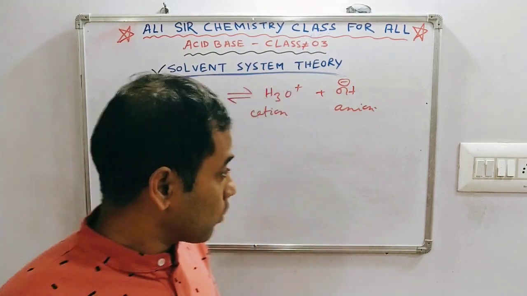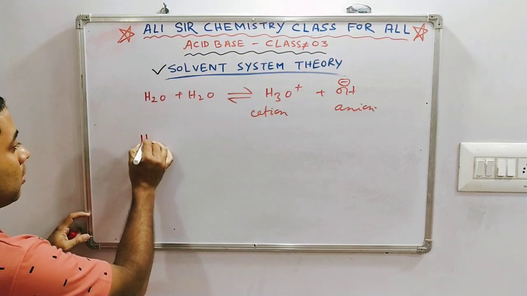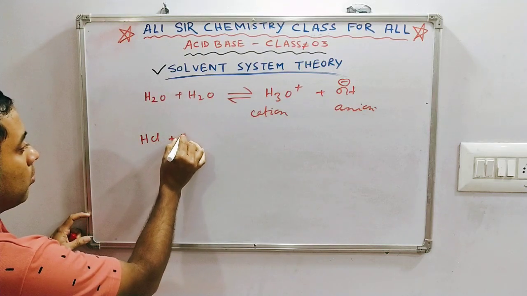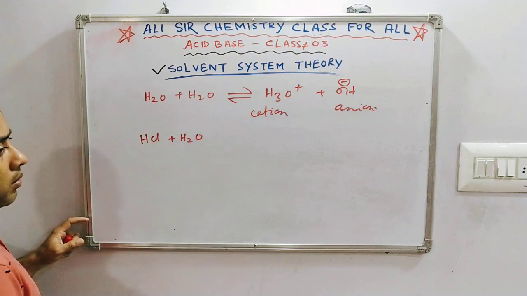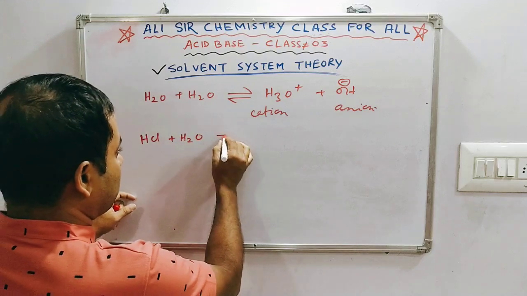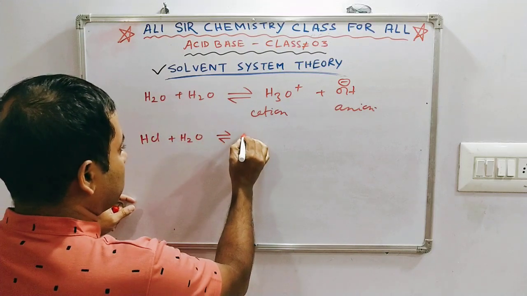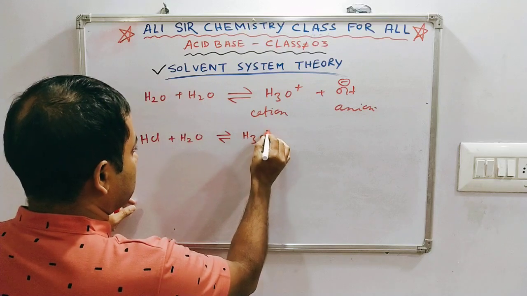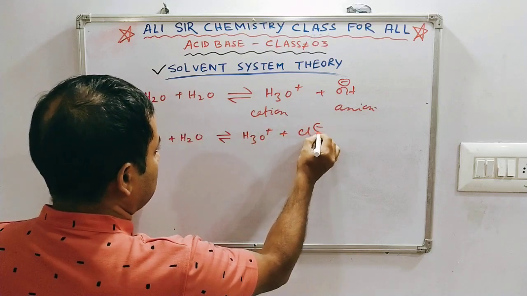Say for example, very simple, HCl when dissolved in water, that is dilute HCl, will decompose to H3O plus and Cl minus ion.